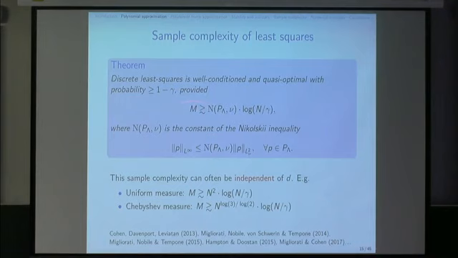So this just reduces sample complexity to a classical question in approximation theory, estimating the constant of Nikolsky's inequality, and you can do this for different measures of interest. And if you go through this analysis, for instance, if you work with the uniform measure on your cube, then the constant is n squared.